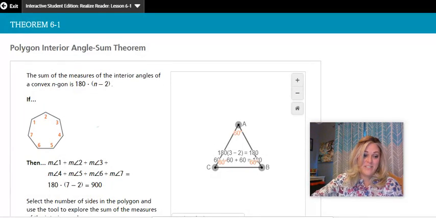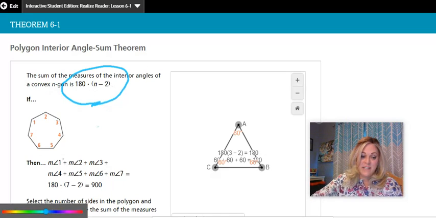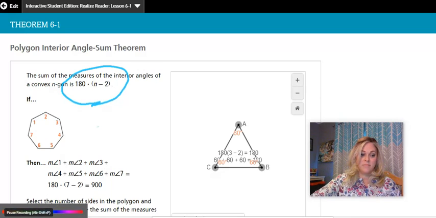Here's the formula I was just talking about. So we have this 180 and the number of sides minus 2. This gives you the number of triangles because it's always that difference of 2. And you look at this and it even tells you, it goes through step by step. The first measure, the second measure, you keep adding. Well, it's still the number of triangles.